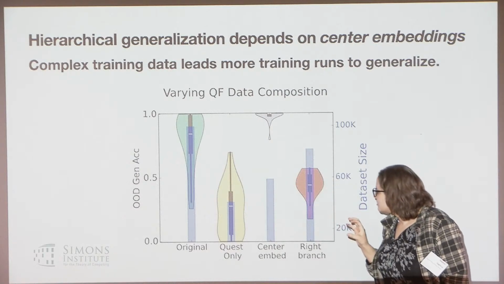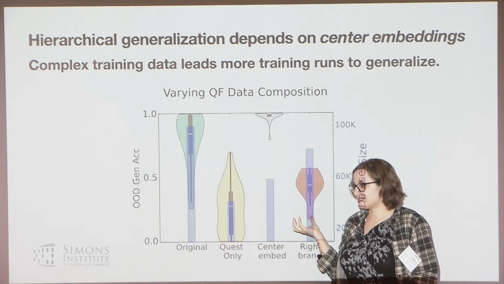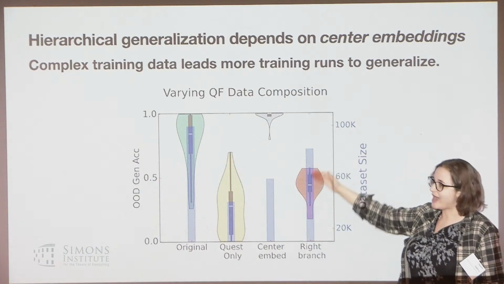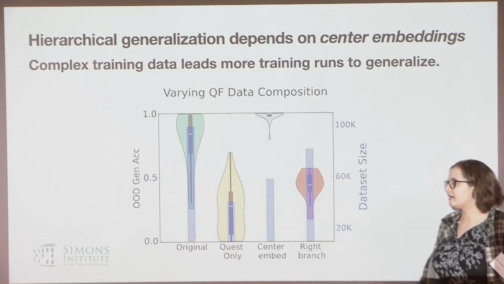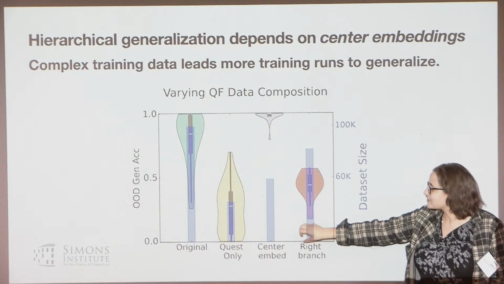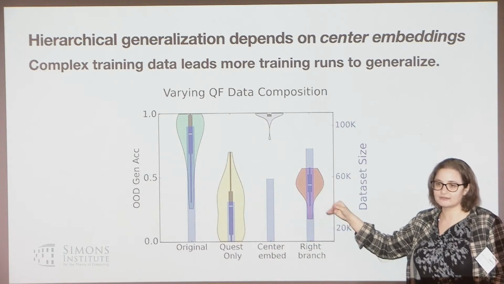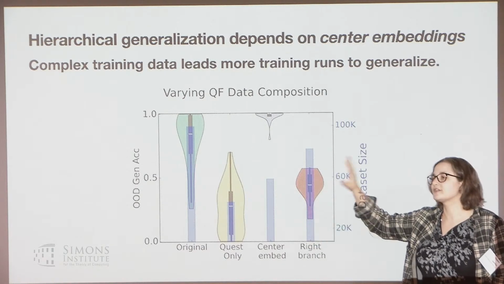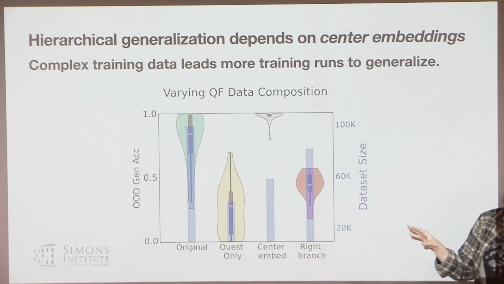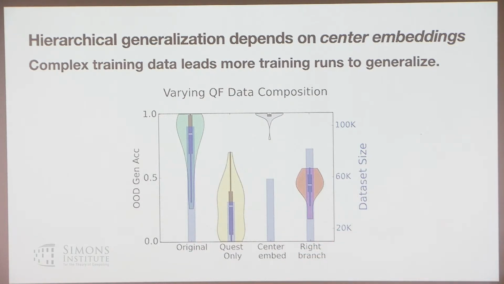And if you give it no center embeddings, then it's pretty bad at learning that. Although notably not actually following the linear rule consistently, which we can talk about later if I have time. I have a little if I have time thing at the end.